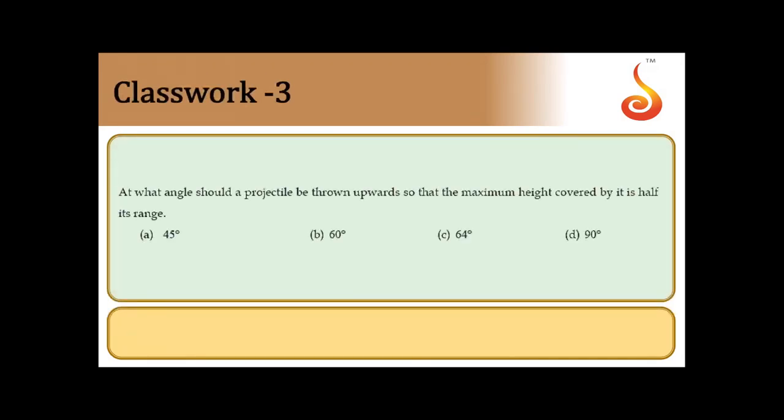At what angle should a projectile be thrown upwards so that maximum height covered by it is half the range? So what they have given is h is equal to r by 2. So what should be the angle of projection?